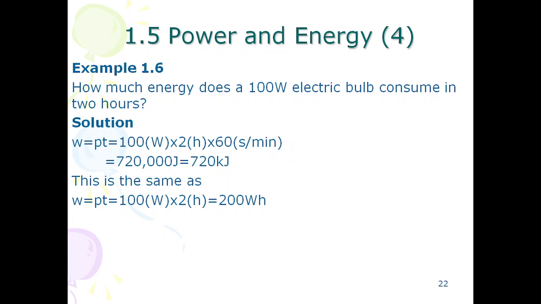If we want to find energy in watt hour, we simply put the value of power, 100 watt, and time, 2 hour, then it is equal to 200 watt hour. If we want the same in joule, then we have to convert the hours into seconds, and then the answer is 720 kilojoule.